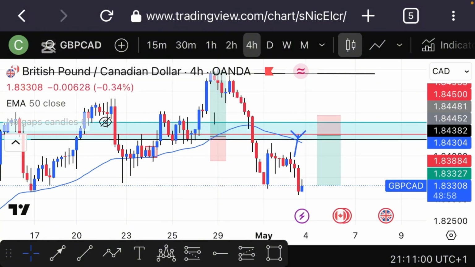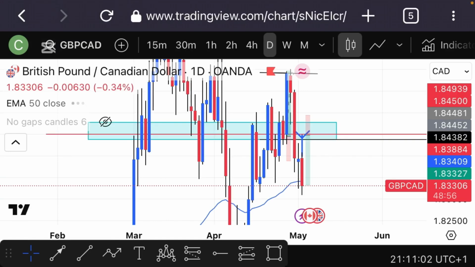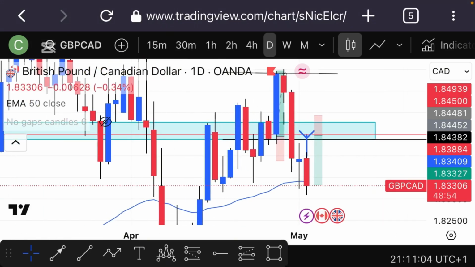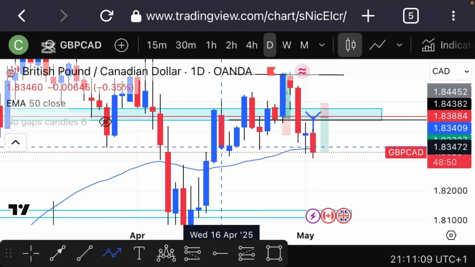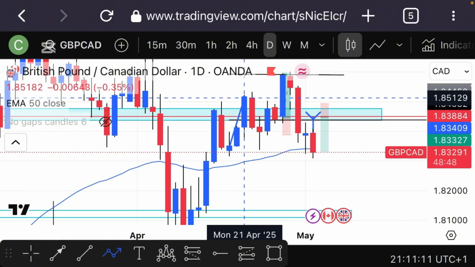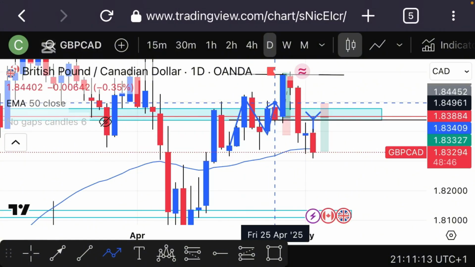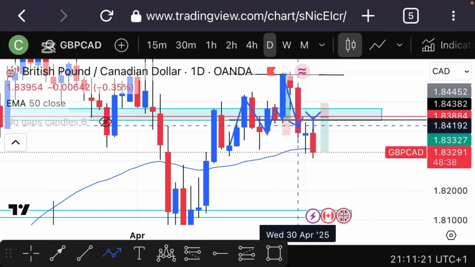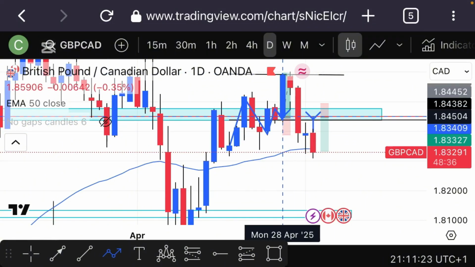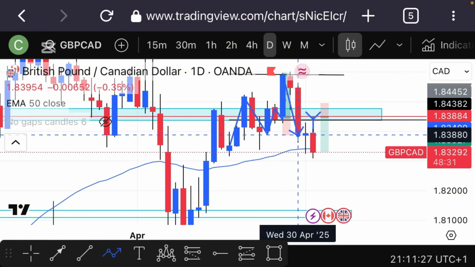And then we go to the daily time frame. The daily we had also closed bearish. If you notice, we were having higher highs, higher lows, higher highs, and we shifted, closing under this higher low, making now this market bearish.